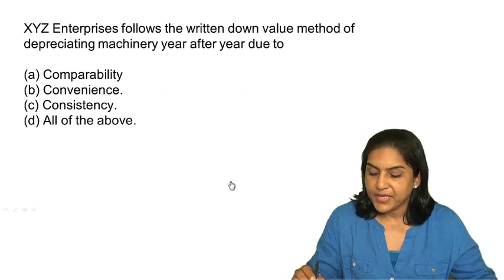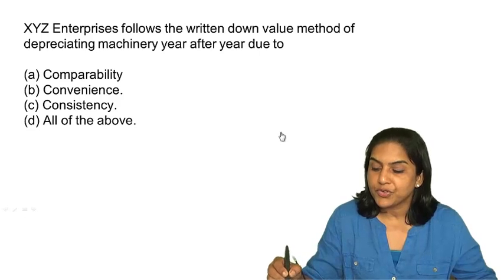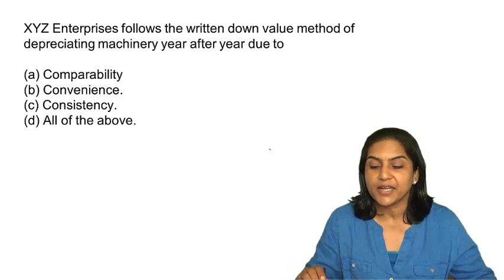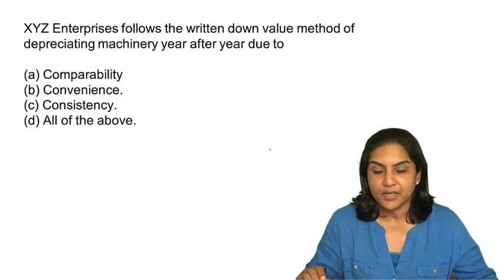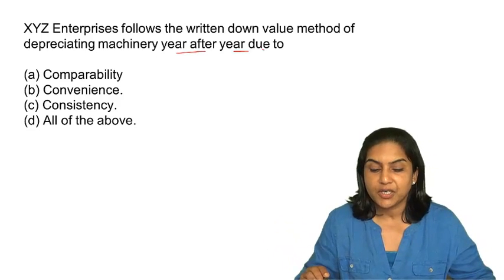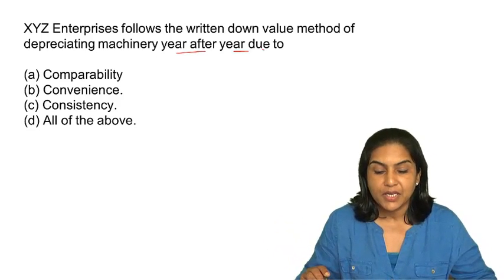Next, XYZ Enterprises follows the written down value method of depreciating machinery year after year. So that means one policy is being followed year after year due to A. Comparability, B. Convenience, C. Consistency, and D. All of the above.